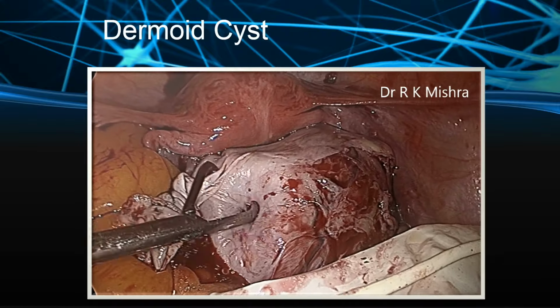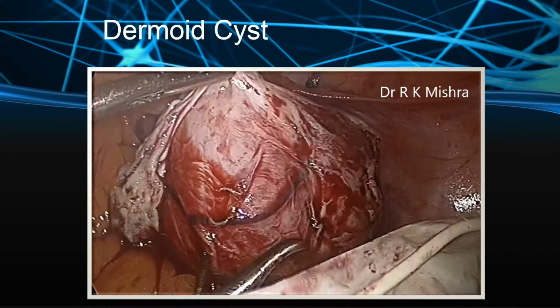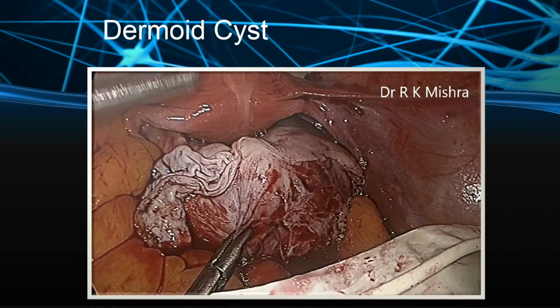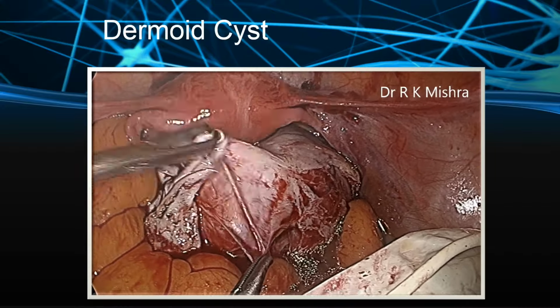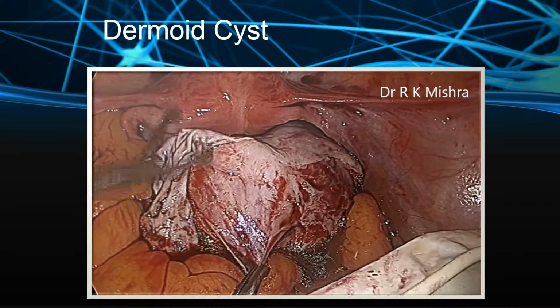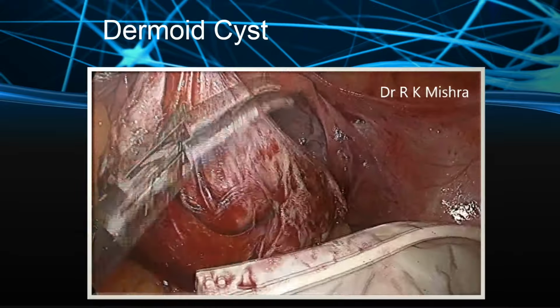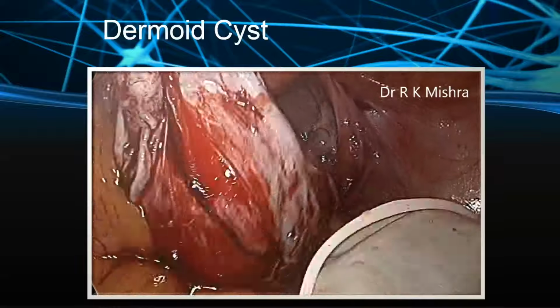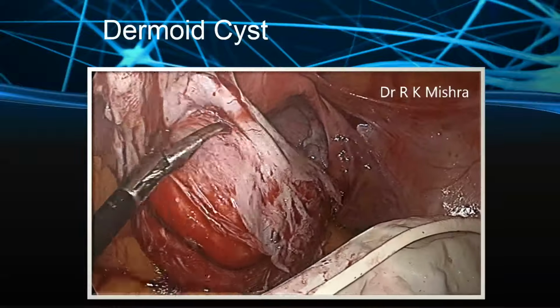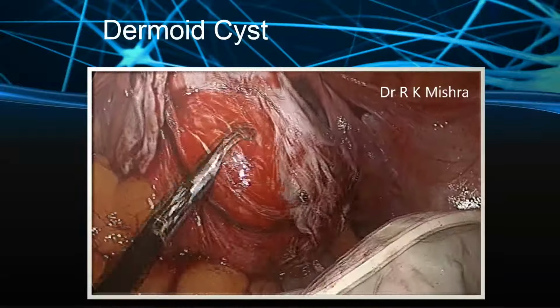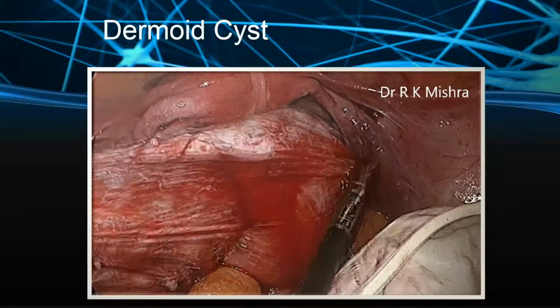Now, the remaining ovary, you can see it is such a thin wall that how much it will work is itself a matter of debate. That is why many people recommend oophorectomy directly, especially if it is huge.